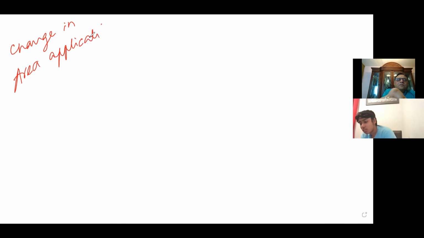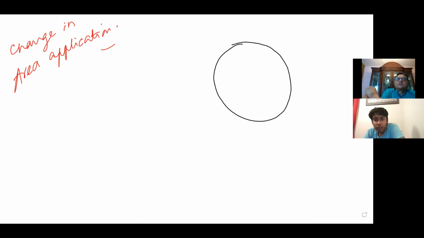So basically what we are looking into is change in area, an application. Now this is very important because if I increase the radius by a small amount, we find a very major change in the area, right?